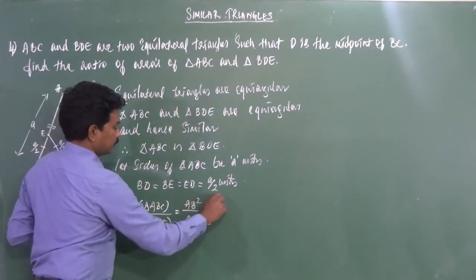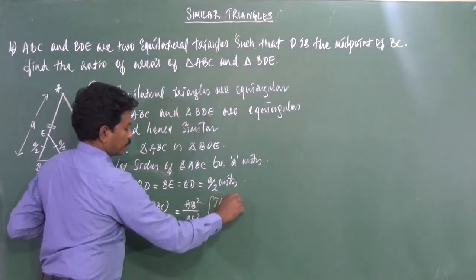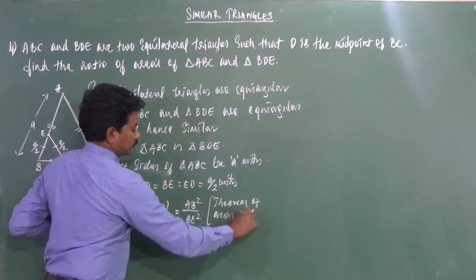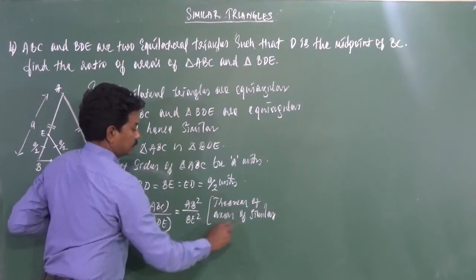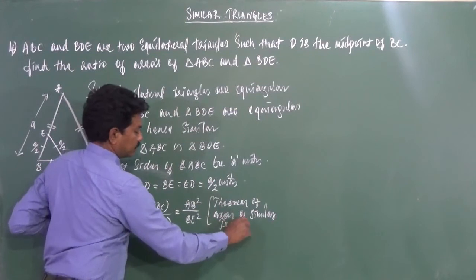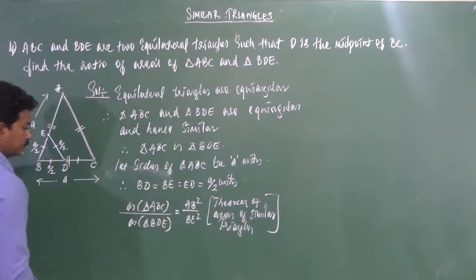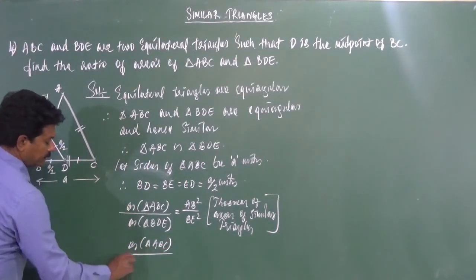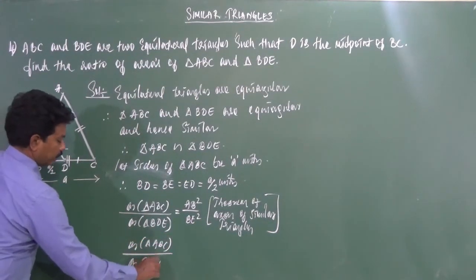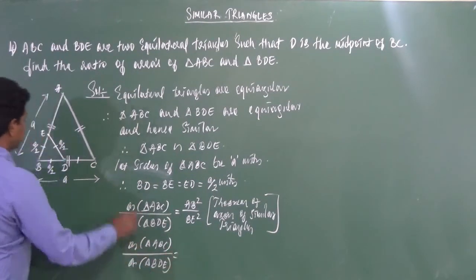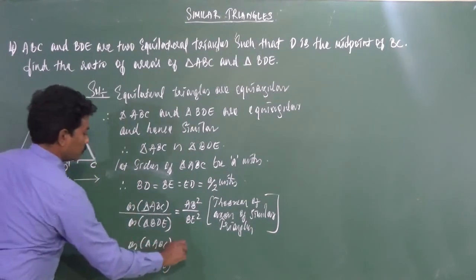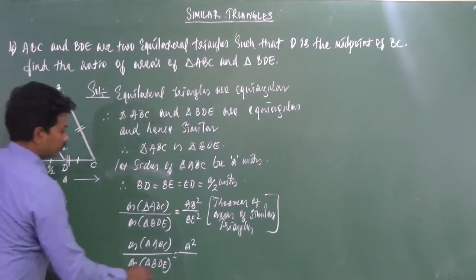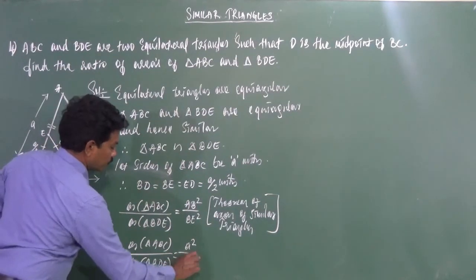So reason is theorem on areas of similar triangles. So this is the thing. So now area of triangle ABC by area of triangle BDE is equal to AB, we have taken it as A square, by BE is A by 2, so that becomes A by 2 whole square.